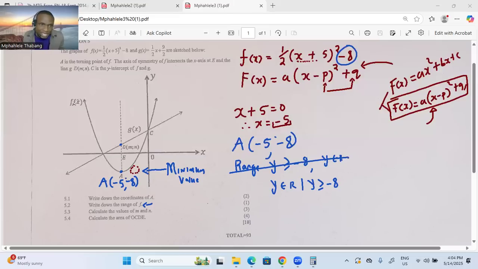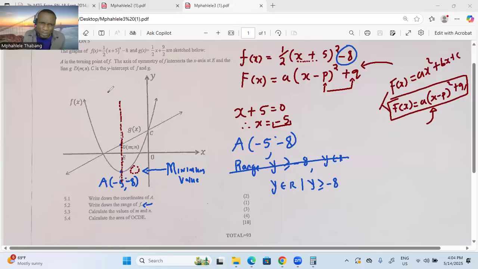So what they are saying here, guys, is that this axis of symmetry passes through G at D, and it also passes through A, the turning point. Obviously, the axis of symmetry has to pass through the turning point.